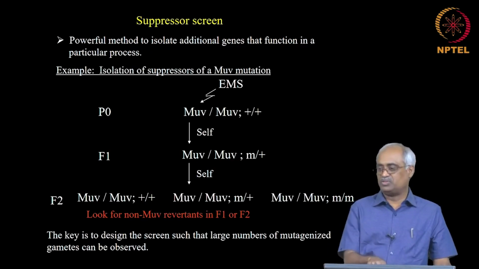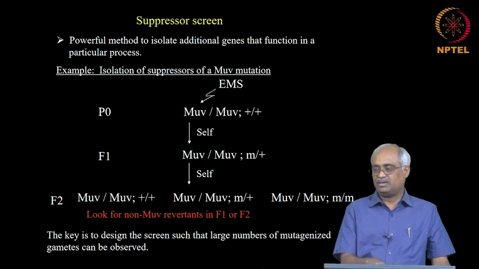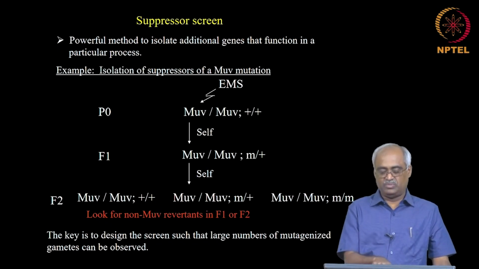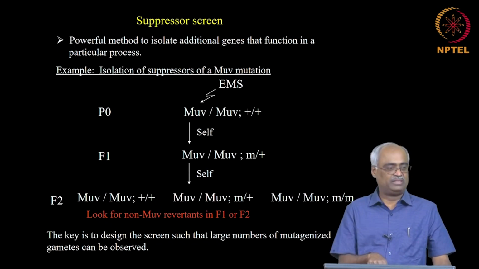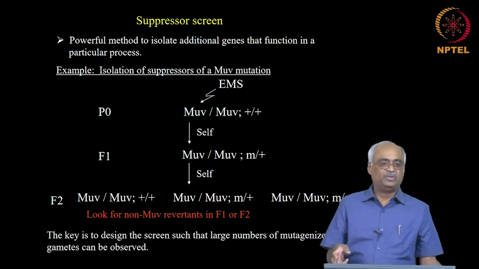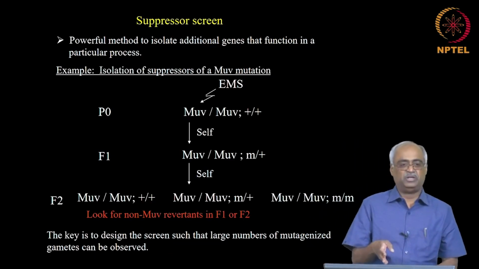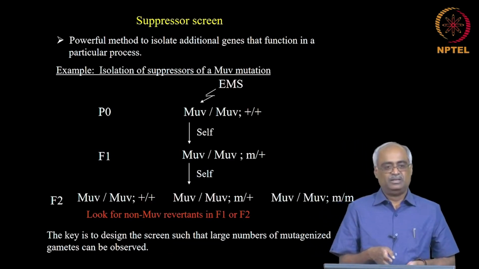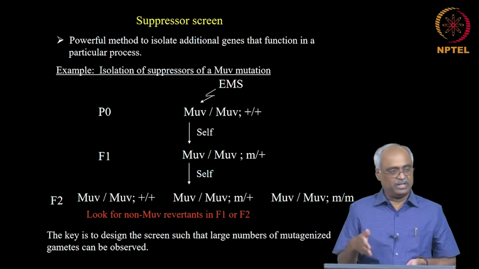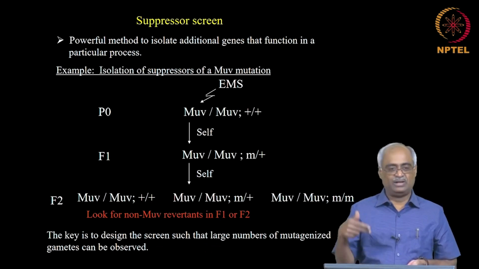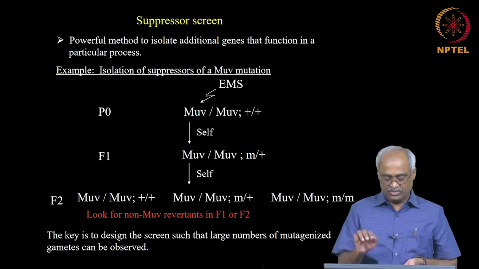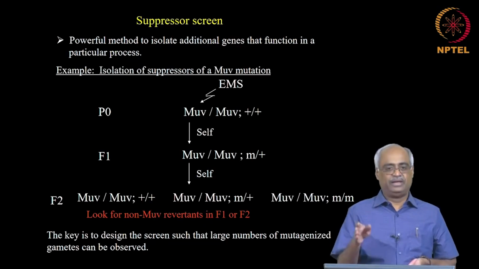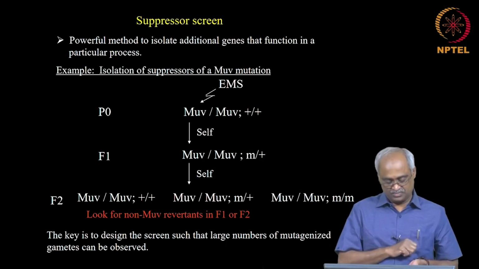You are starting with homozygous, so you are not doing any cross with wild type. So, this MUV over MUV must remain always, which means you should always get multi-vulva, and the moment you do not get multi-vulva, then you know that your new mutation is suppressing it. And again, make sure the new mutation for this phenotype follows the Mendelian inheritance pattern, like 3:1 for single phenotype segregation and so on, to ensure that you have actually hit a single gene that is suppressing it.